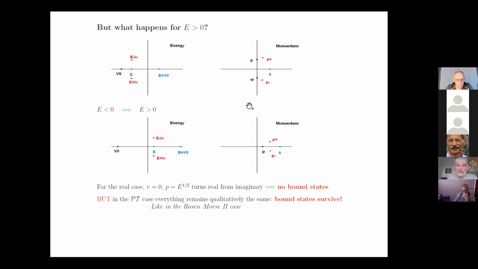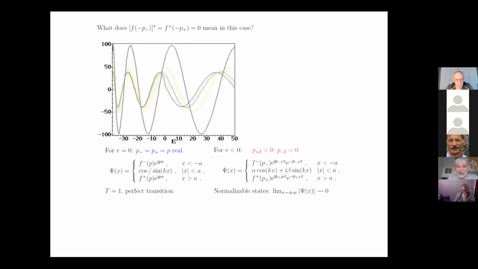So it seems that they survive. These normalizable solutions survive as we go with energy to positive values. And it is exactly the same as what we experienced in the Rosen-Morse case. As you remember, when we increased non-hermiticity, the positive energies just exploded and went to infinity gradually. Okay, so we can just do the same trick.